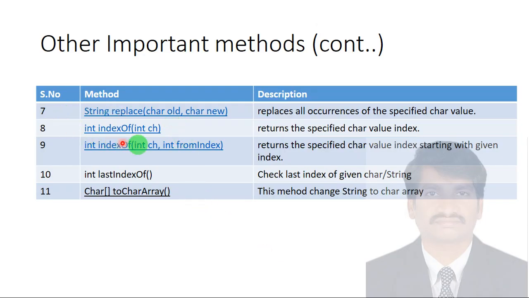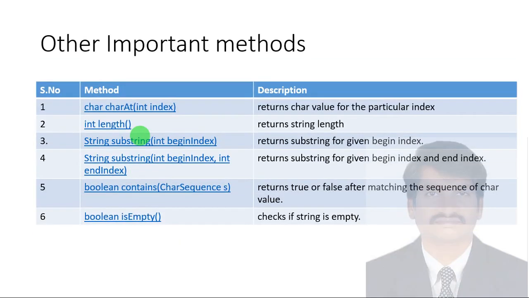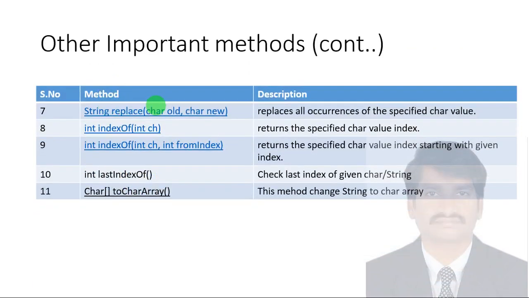Next one, indexOf. If you remember, this is just the opposite of charAt. For the charAt method, you are providing the index, and the method will return the character present at that index. But here you are providing the character and this method will return the index of that particular character. And this is an overloaded method, I will explain this one as well.